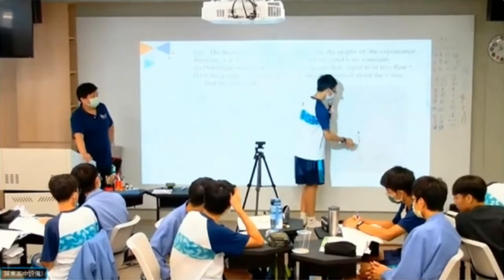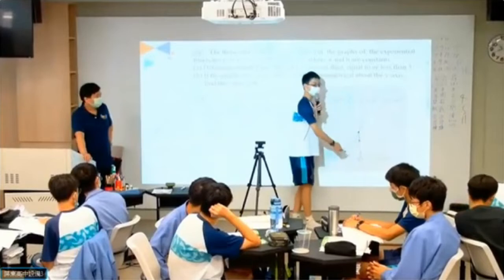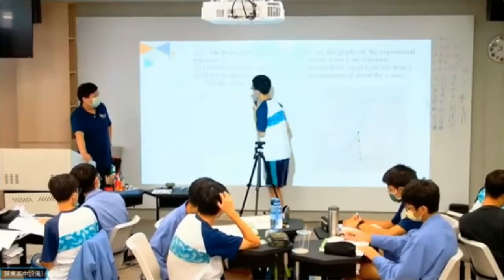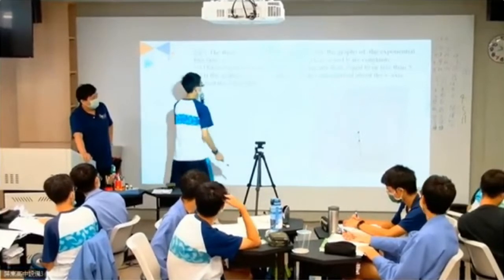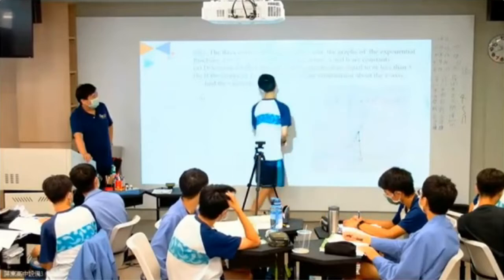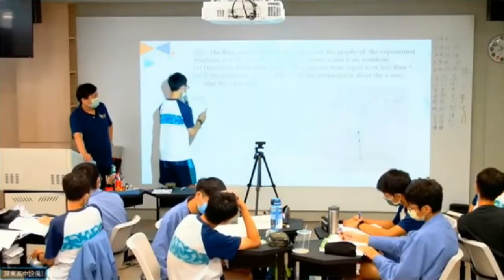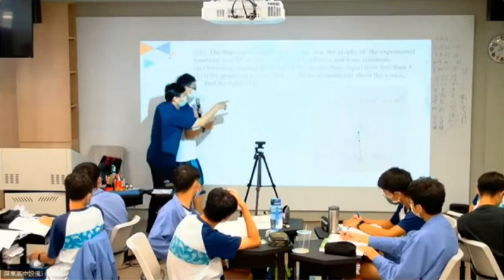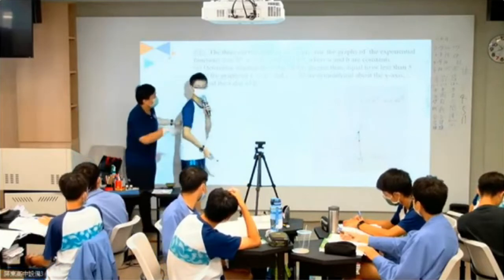So the value of a is less than 5. You can see here. And next one, as symmetrical, so a is greater or less? A is less than 5.